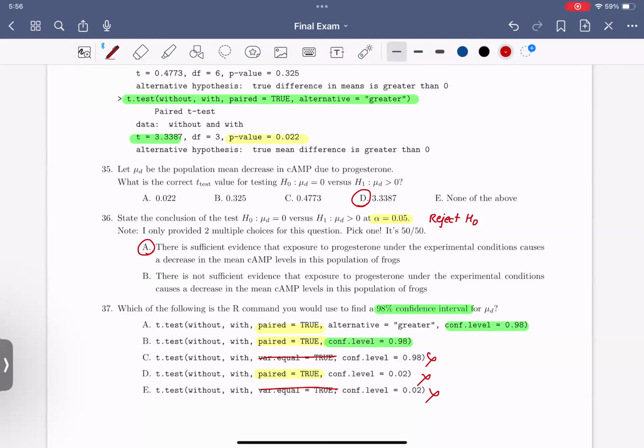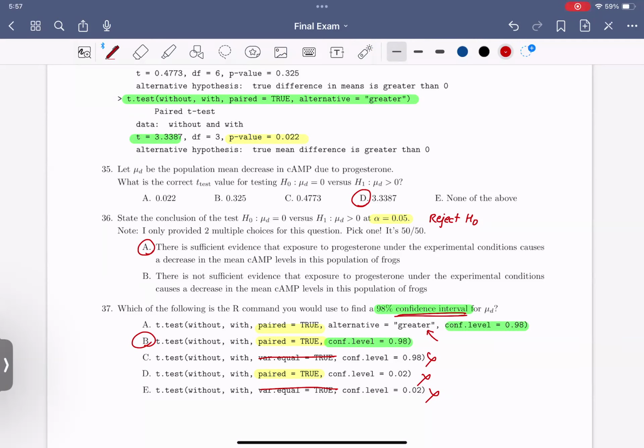And also, you can see that when you ask for the confidence interval, you need to use choice B. You shouldn't put alternative equal to greater because this is going to mess up your confidence interval. You can try at home.